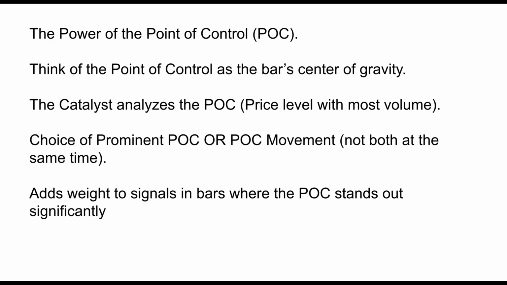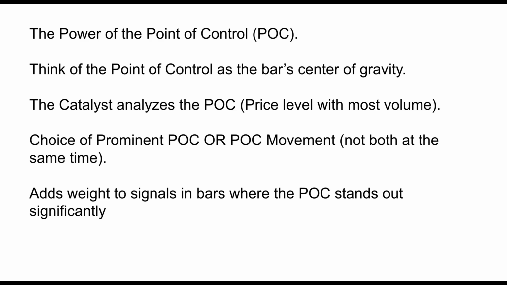Order flow traders look at it on a bar by bar basis, okay? And each bar is going to have a point of control. It's kind of like the center of gravity, where the most volume in the bar occurred.